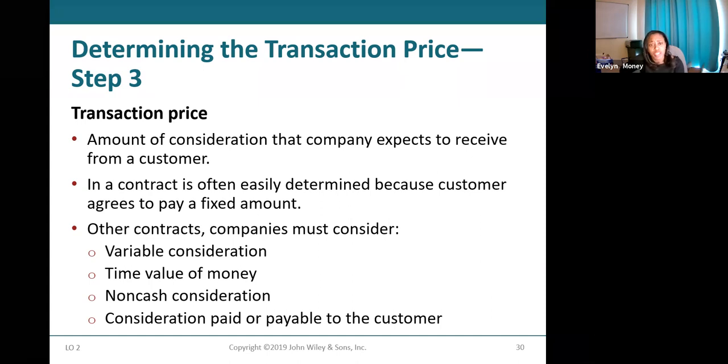And sometimes those methodologies are necessary. But before we can even jump to that step, I'm ahead of myself on step 4, we have to do step 3, where we determine the amount that we can reasonably expect to collect from a customer. So we have to take into consideration sales returns and allowances. We have to take into consideration the time value of money, any discounts that we may offer.